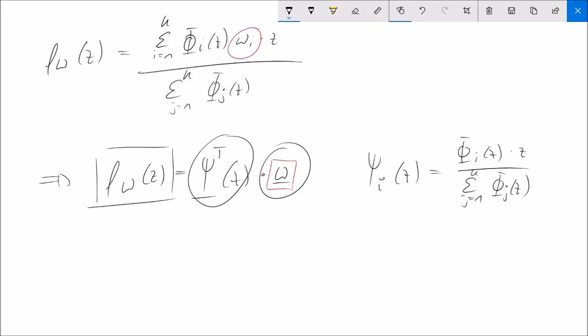Okay, so for example, we have now received a lot of data from measurements. And again, I will simply write that down so that we have it here. This was psi transposed of z multiplied by w. These are both vectors.